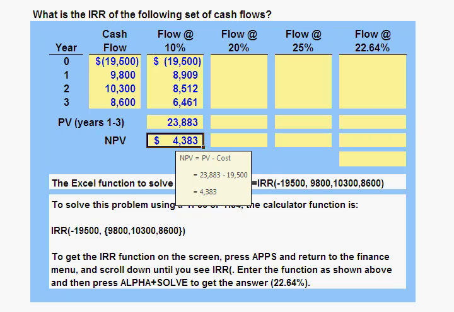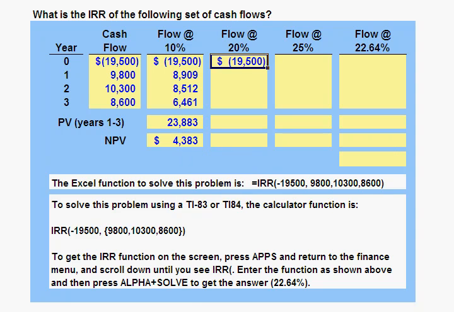Let's go ahead and calculate the net present value at a 20% discount rate. Again, let's find the present values of each of the cash flows. The initial cash flow is $19,500. The year 1 cash flow will be discounted back 1 year at a 20% interest rate. The year 2 cash flow will be discounted back for 2 years at a 20% interest rate.